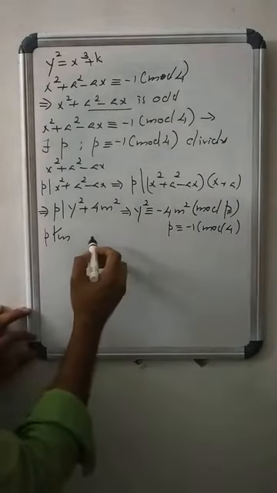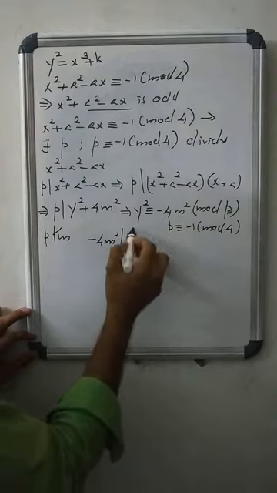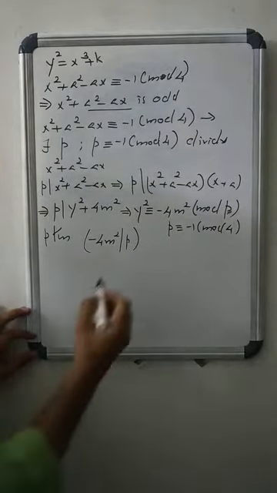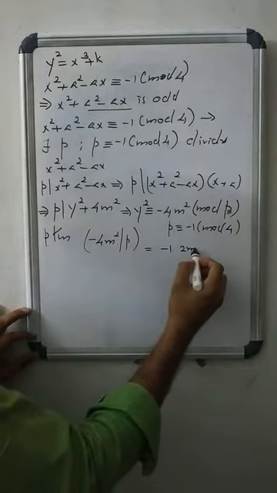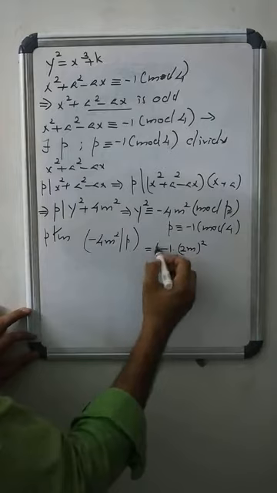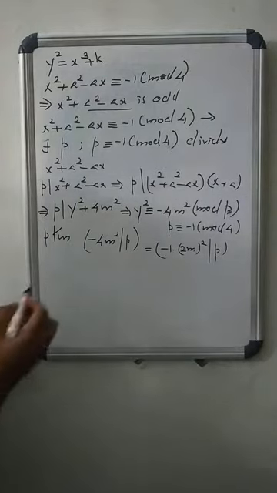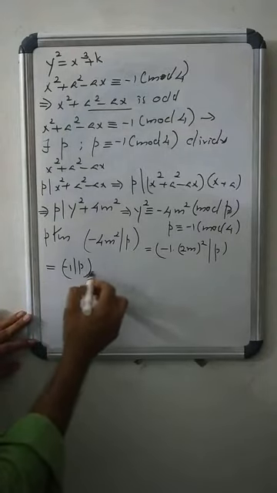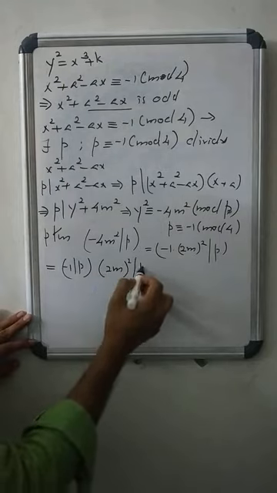Now consider the Legendre symbol of minus 4m square by p. What is minus 4m square by p? Minus 4m square by p equals minus 1 into (2m) whole square by p. Agreed. By multiplicativity, that equals (minus 1 by p) into ((2m) whole square by p).